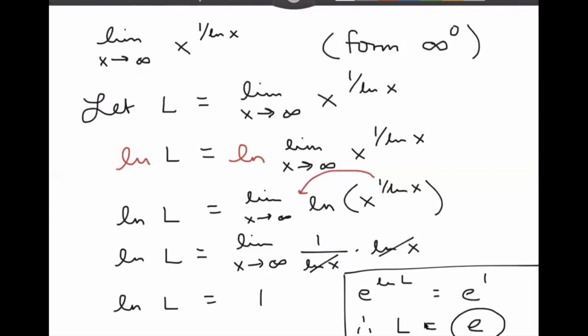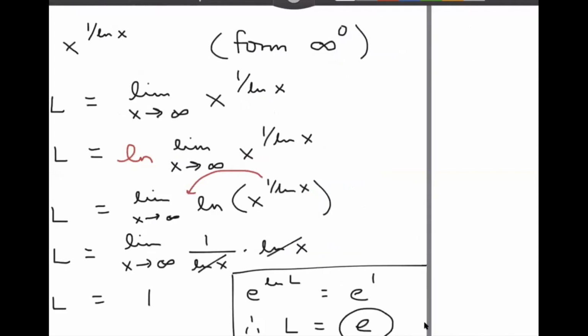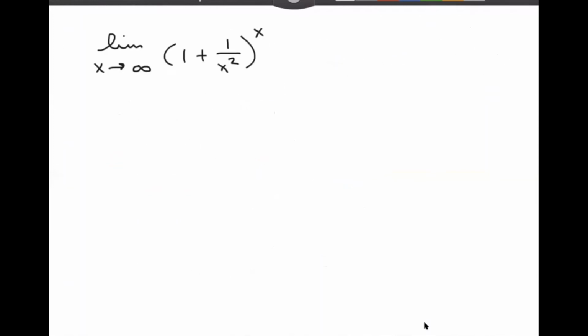All right, and now for the last example. The limit as x approaches infinity of 1 plus 1 over x squared to the power x. Checking the form of this one: as x approaches infinity, 1 plus 1 over x squared approaches 1, and of course, x approaches infinity.